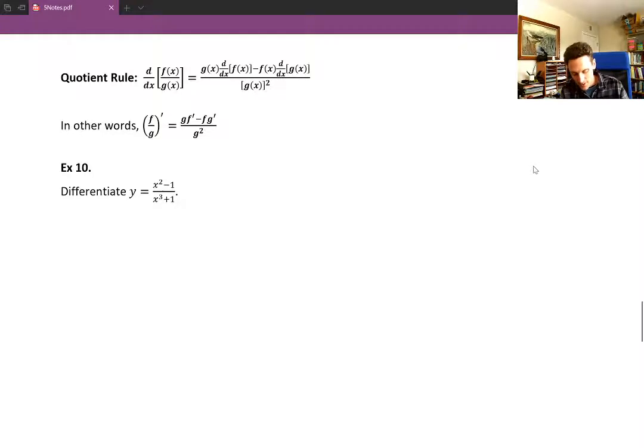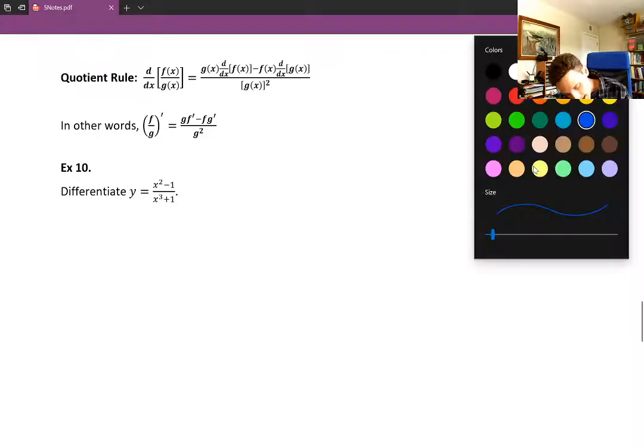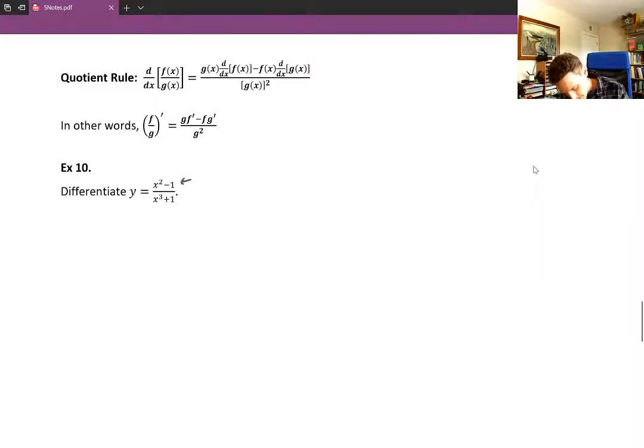We're going to try differentiating with example 10, y equals x squared minus 1 over x cubed plus 1. So here f is the top function and g is the bottom function.